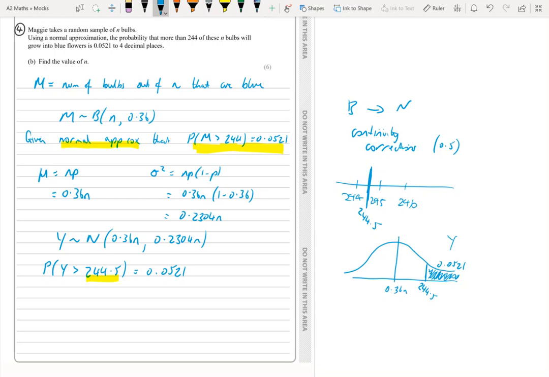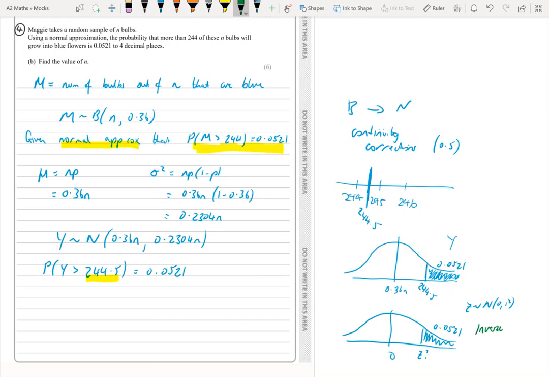So underneath, when we go down into our Z world, remember Z is always centered on 0. Z is a normal distribution, 0, 1. But we can shade the same area, 0.0521. But we've got this unknown Z value at the moment. So the process is, first of all, we need to do a little inverse normal on the calculator.